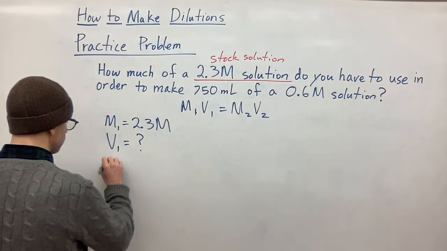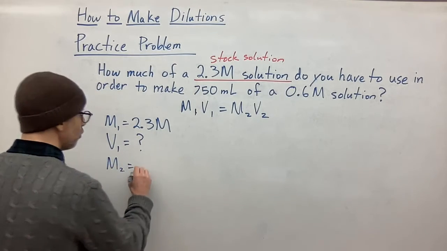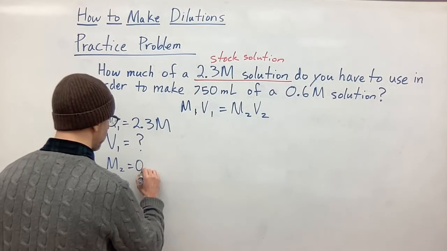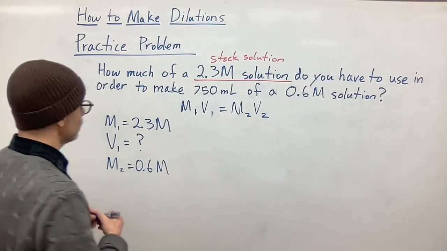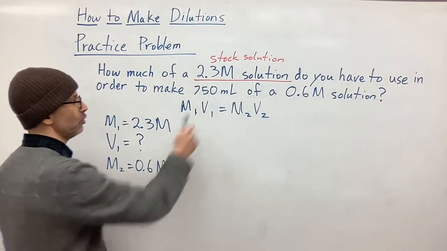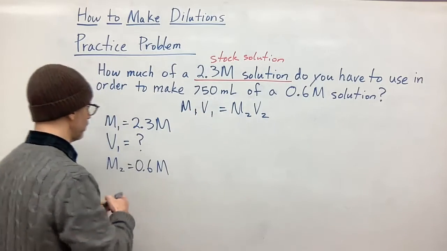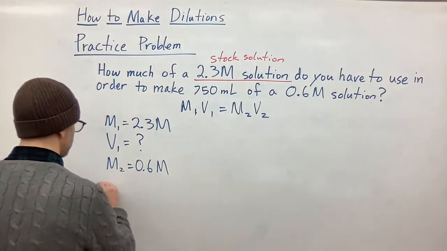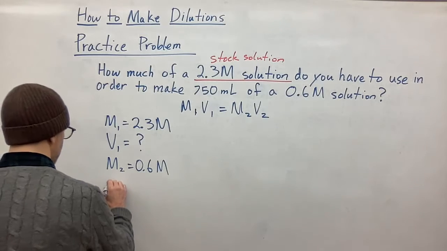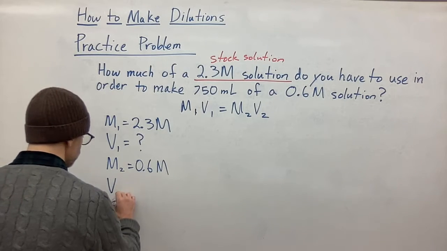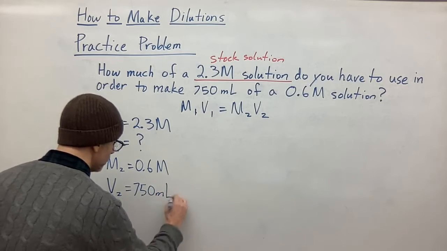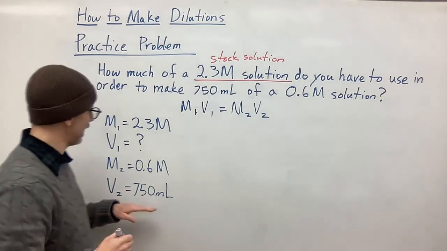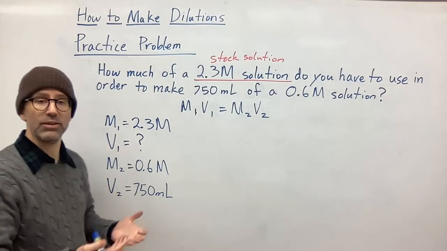So my M2 is 0.6 molar. And then what's my target volume? That's the 750 milliliters. So V2 is 750 milliliters. And so the only thing I don't know is V1. So that's what we're going to calculate.